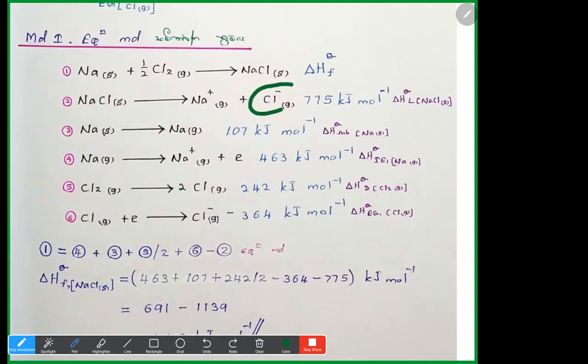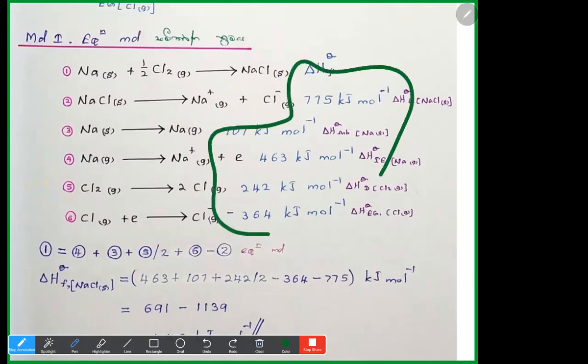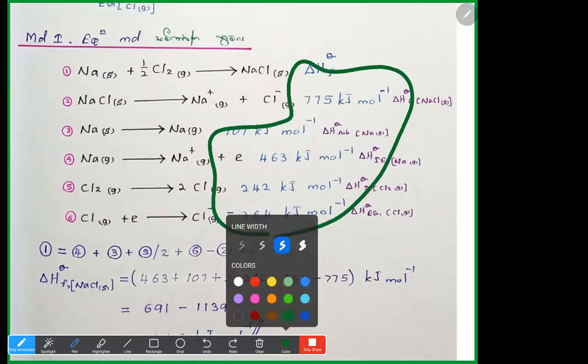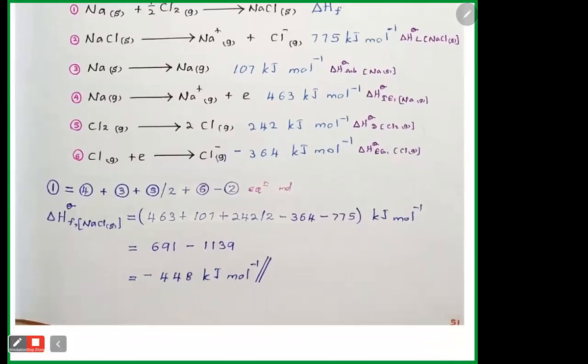Cl minus is getting cancelled with this. Sodium plus is getting cancelled with this. So this is the way I'm supposed to go. I'm doing exactly the same thing to these numerical values, so you know how to go with the equation method, and you can get the answer very easily. It's minus 448.